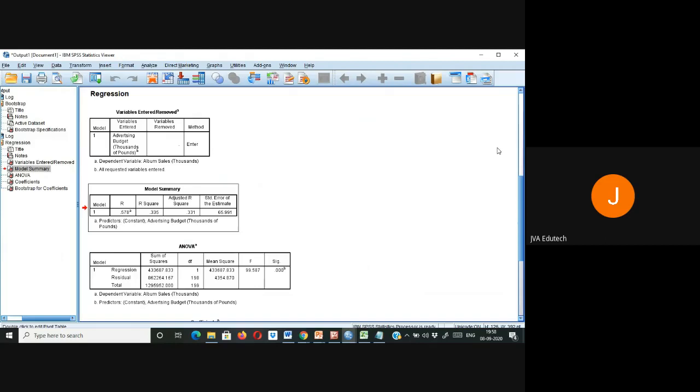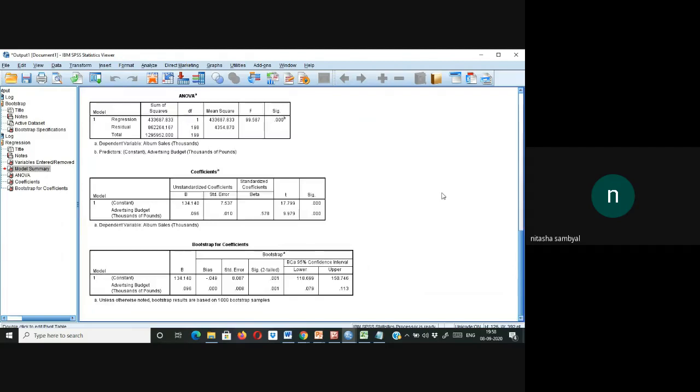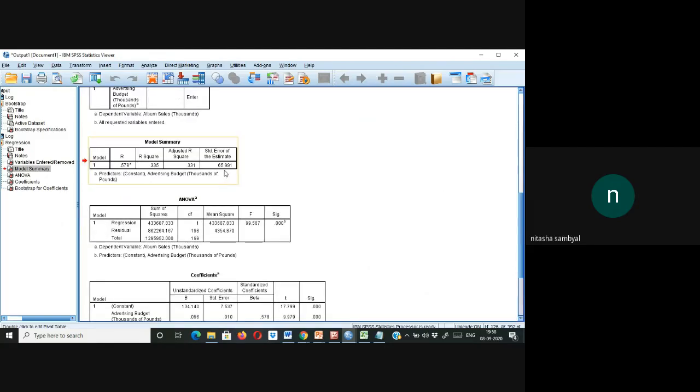Can anybody tell me what this model summary tells you? Before going to this table, should we look at some other tables?